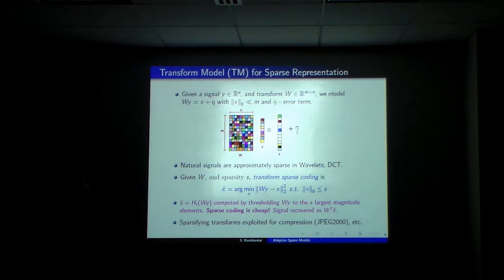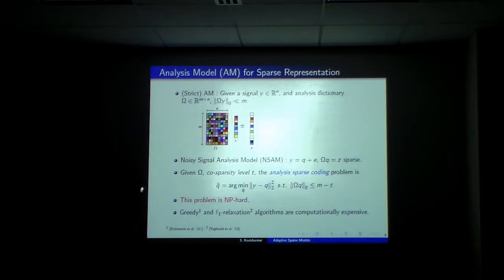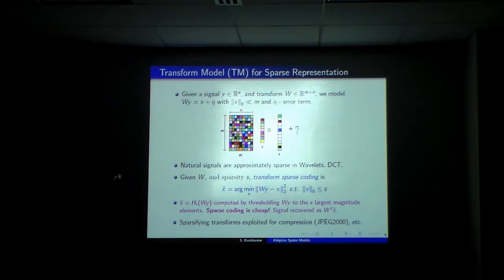Unlike the noisy signal analysis model, where the perturbation E is in the signal domain, the perturbation here is in the transform domain, or the analysis operator domain. Although this seems like a minor difference, it leads to several key advantages in various settings.